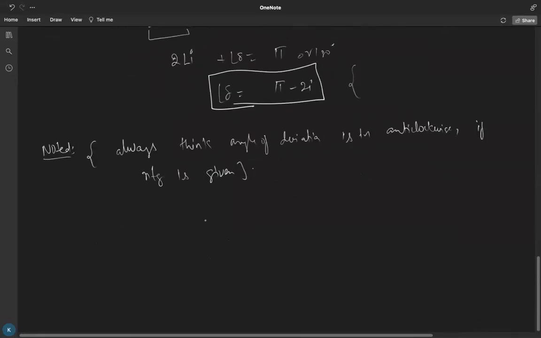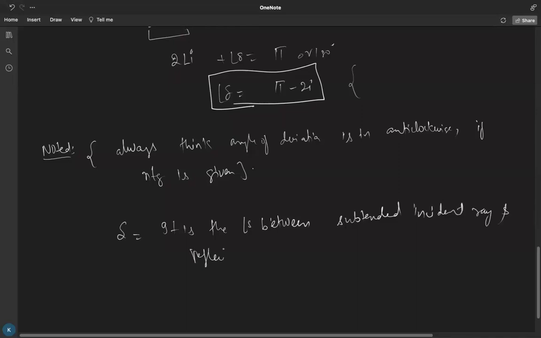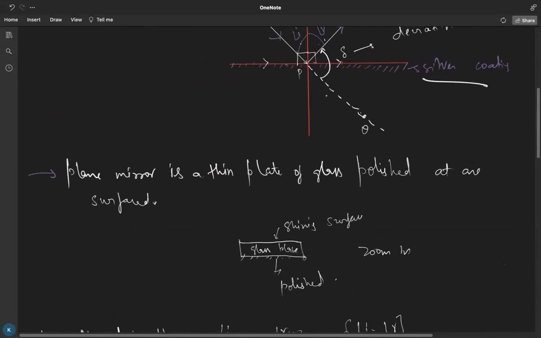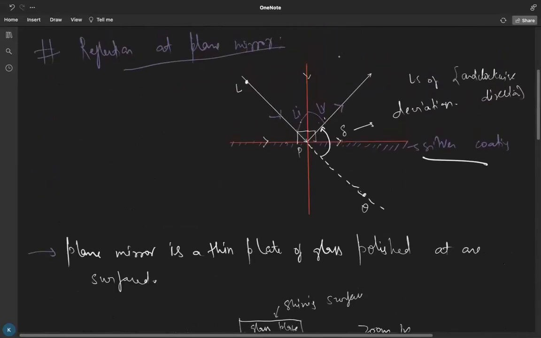Now, what is delta? Let me write it here. It is the angle between the subtended incident ray and the reflected ray. This is the angle of deviation here, right?